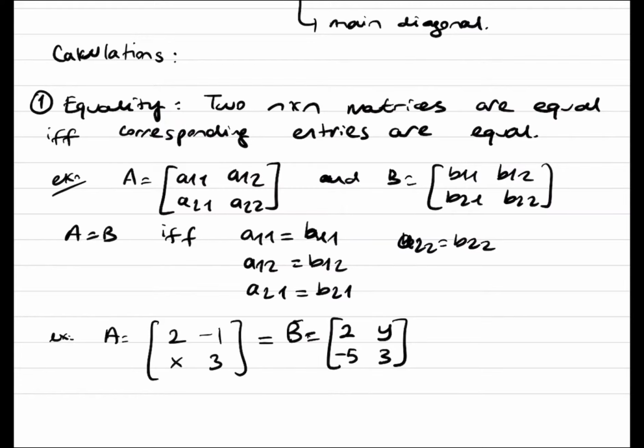If A is equal to B, then we know that x must be minus 5 and y must be minus 1, right? So y must be minus 1 and x must be equal to minus 5. Great.